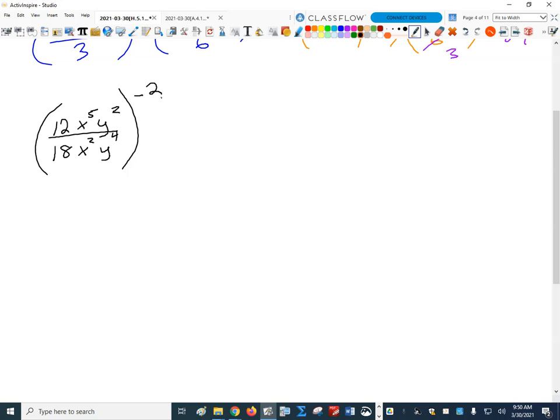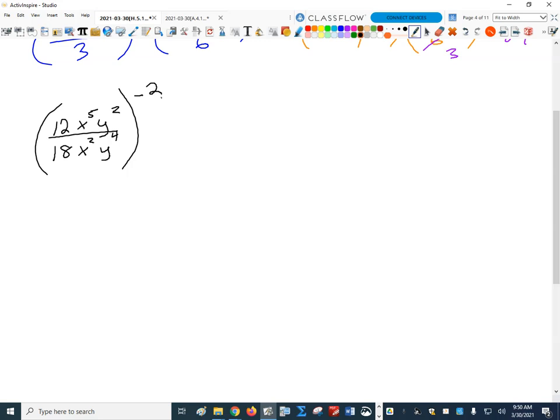But before anything, we've got grouping symbols, right? And we've got this entire quantity that's being taken to the -2. So whatever's being taken to the power, that's internal to this power, right? That's grouped inside of the exponent. Everybody agree? So we should be able to simplify everything in there first, okay?